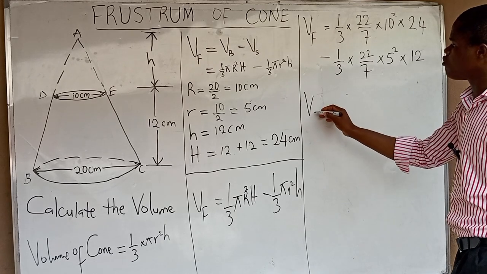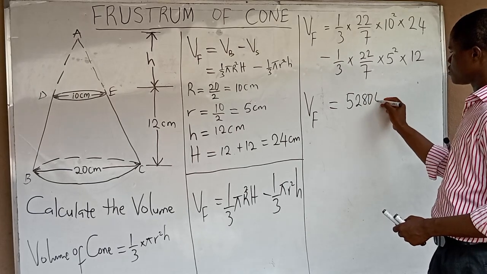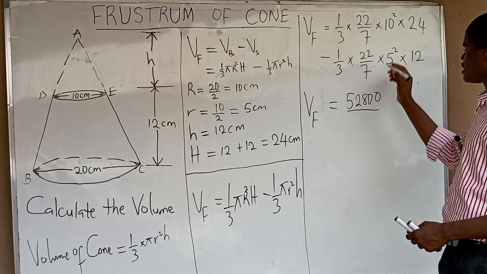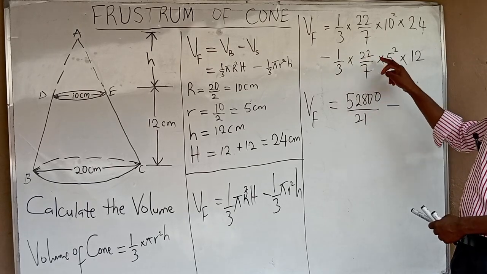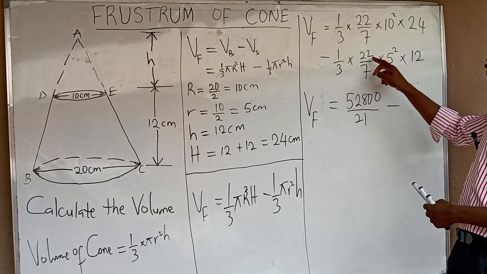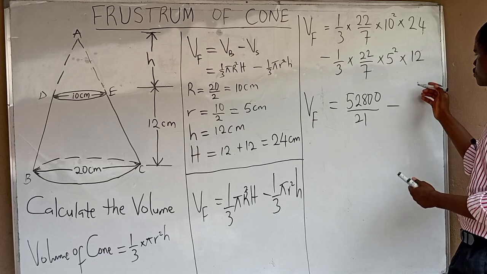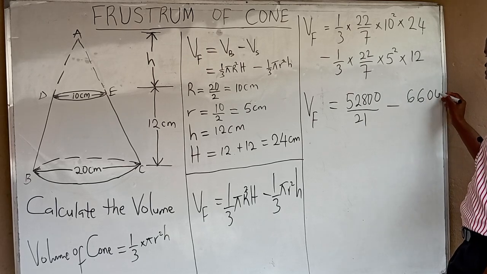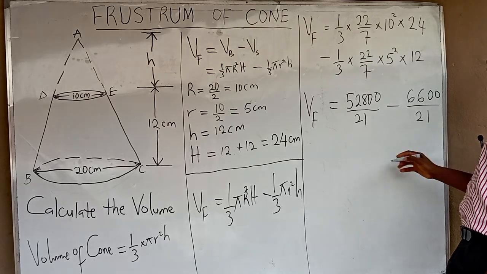So this means that the volume will give us 52,800 divided by 3 times 7, which is 21, minus 1 times 22 times 5 square. 5 square is 25, 5 times 5. So 1 times 22 times 25 times 12 will give us 6,600 divided by also 21.